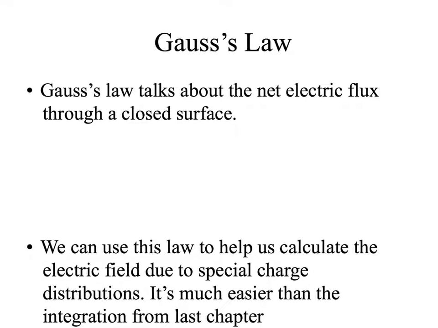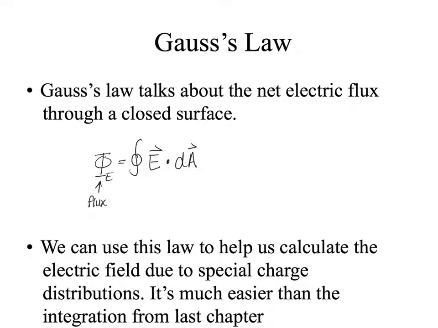So when we talk about Gauss's law, we're talking about the net electric flux through a surface. In your reading, you learned that the definition of electric flux can be written like this. So this represents flux, and it's the passage of an electric field through a surface area.